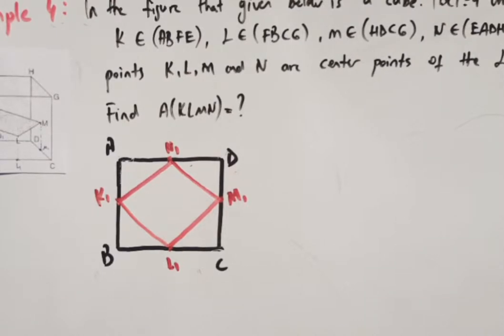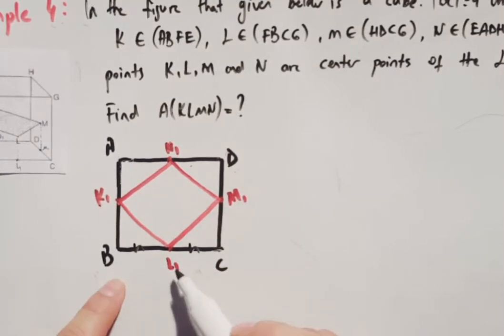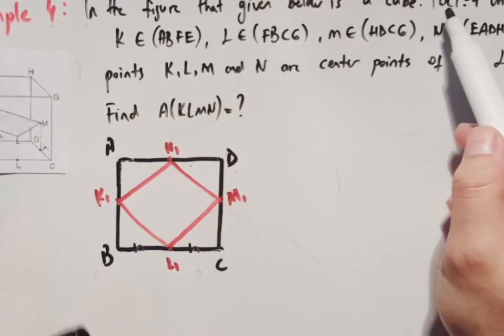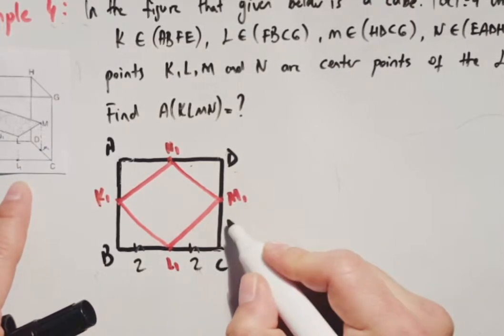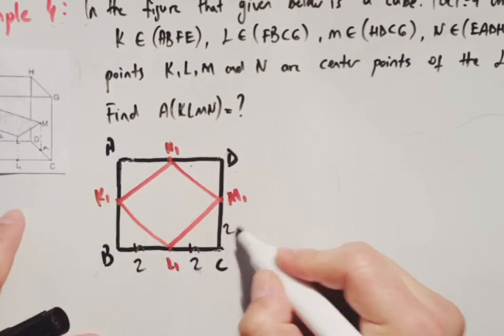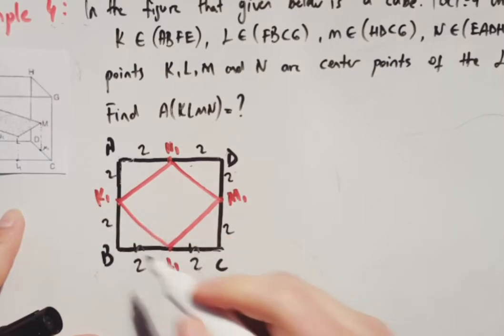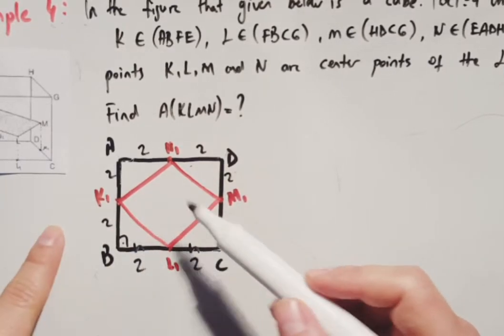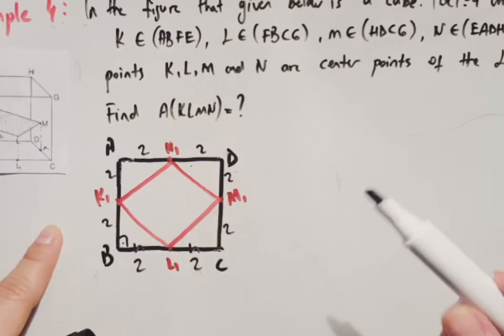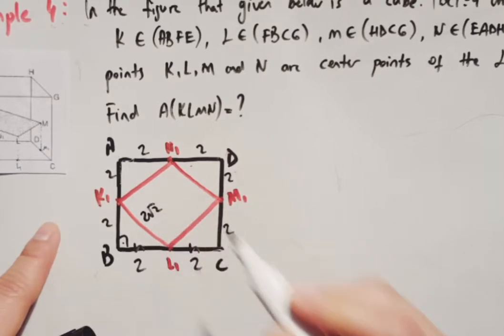So here L1 is the midpoint of BC, so the length of BL1 is equal to L1C. BC was 4 units, so it's going to be 2 and 2. All sides here are going to be 2 units. By using the Pythagorean Theorem, we can find one side of the square K1L1M1N1, which happens to be 2√2.